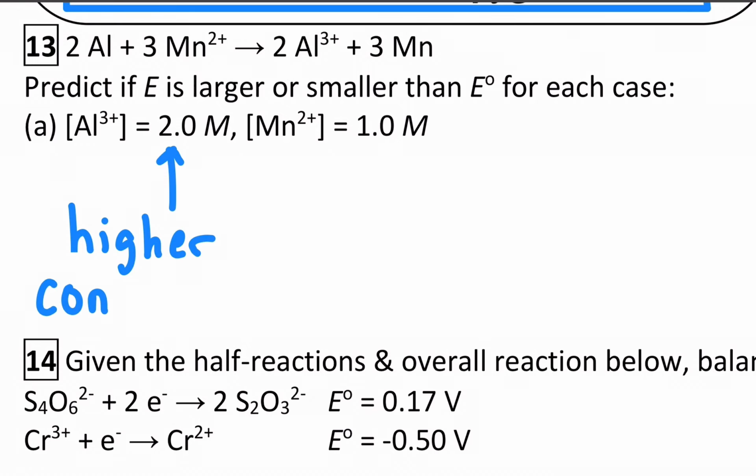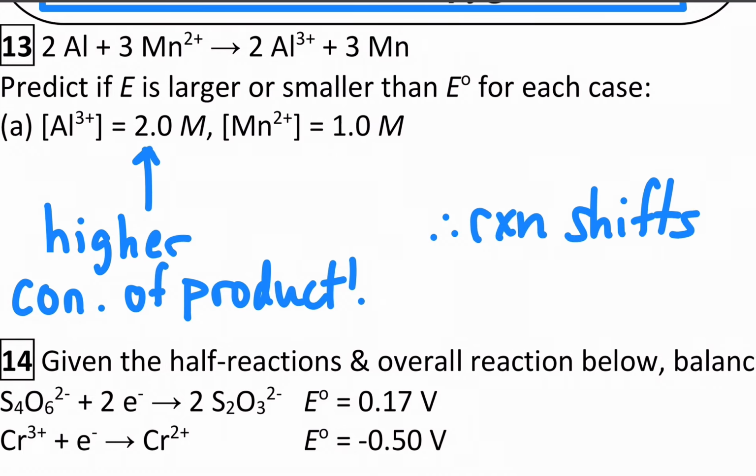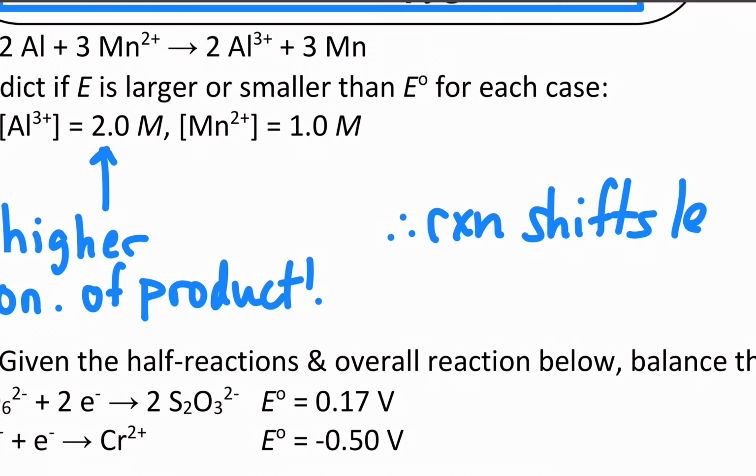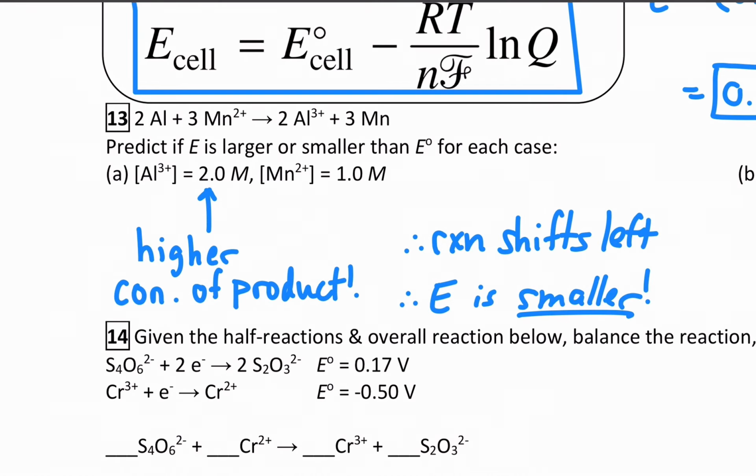So that means the reaction shifts left. So E is smaller. Less forward reaction will lead to a smaller electrochemical potential.